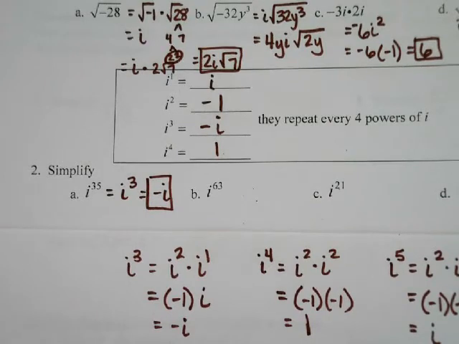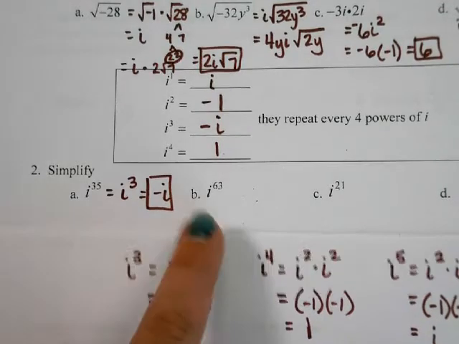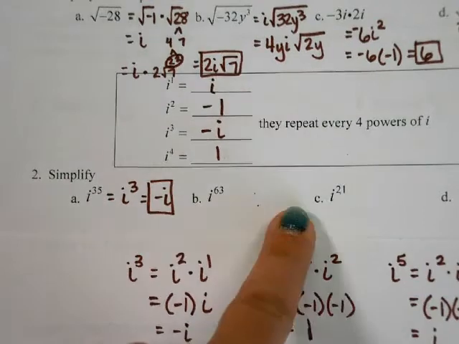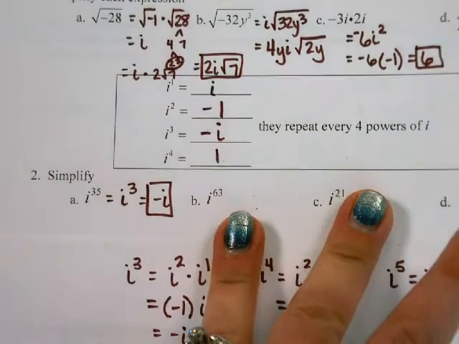Okay, so how about 63? Is 63 divisible by 4? Which one? 64 is, which means what else is? 60. Okay, so how many is it different between 63 and 60? 62, 61, 60.